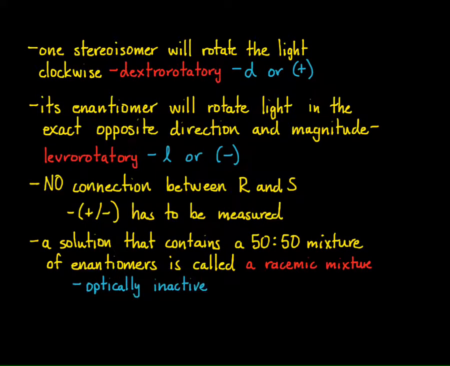Now this can be kind of confusing. You can have a solution that contains chiral molecules, but that solution is optically inactive because they are a racemic mixture. So that's the only time you have a solution that's optically inactive, when you have a racemic mixture, which is a 50-50 mixture of two enantiomers.